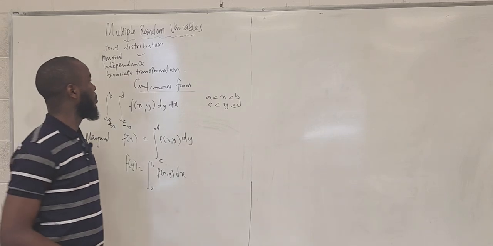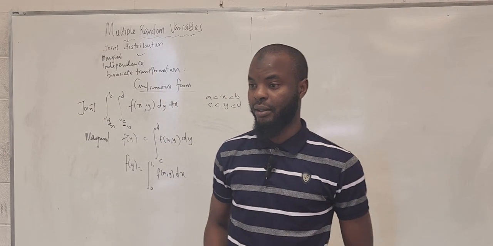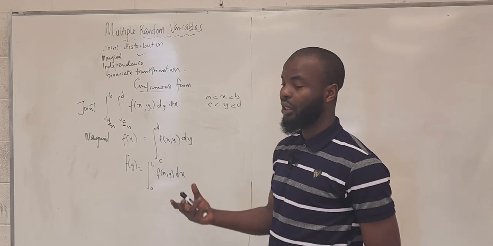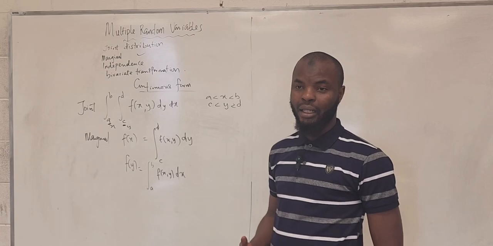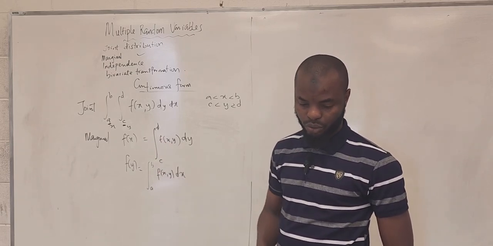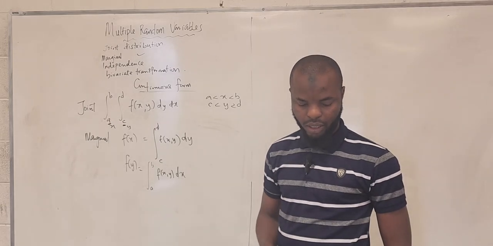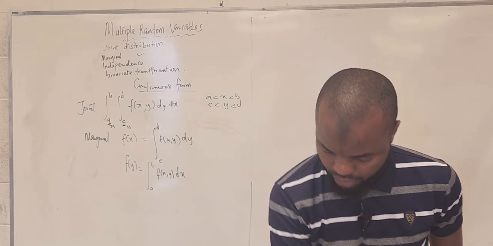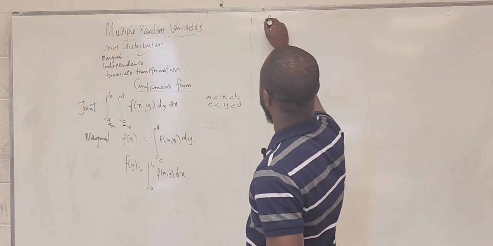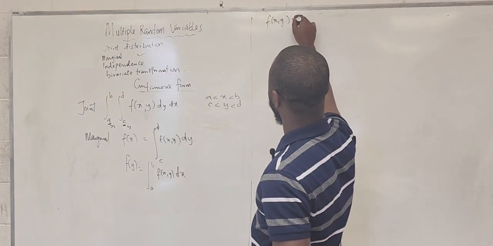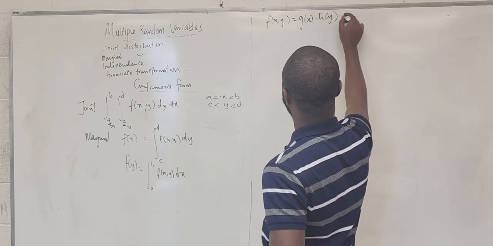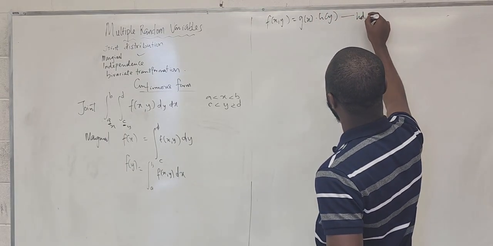Now, before we proceed, we have independence, with the same rule. If the joint distribution of x and y can be separated into two, as in the product of the two, it's called independence. Let me put it this way: if your f of x comma y can be expressed as g of x times h of y, this is called independence.